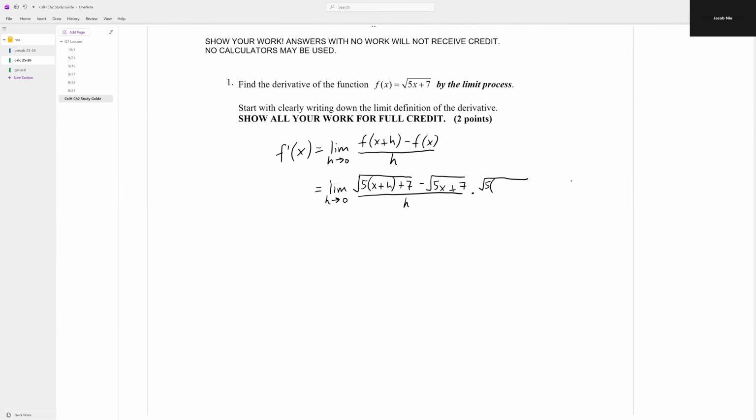So what does that look like? We're going to multiply both top and bottom by this fraction here. And this fraction is simply equal to 1, so it doesn't actually change the value of our expression, but it will help us to evaluate this limit.